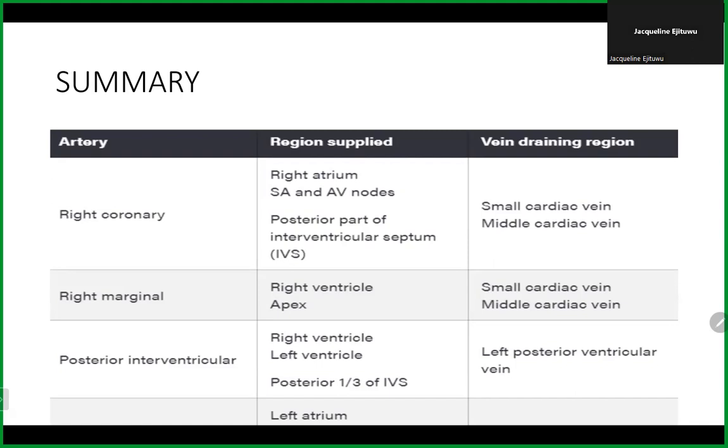So the first thing to do is to check the ST elevation in lead 2 and 3. Usually, if the ST elevation in lead 2 is greater than in lead 3, it's likely due to left circumflex artery occlusion. However, if the ST elevation in lead 3 is greater than that in lead 2, it's likely due to right coronary artery occlusion.